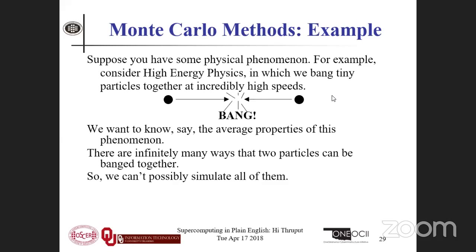So what they do is they generate a zillion randomly generated realizations of banging tiny particles together, and they look at the statistical properties of those, and they compare those statistical properties to what they find in the data. I've massively oversimplified this, and also I don't know what I'm talking about. So between those two things, you've gotten a very simplified version of the reality, but that should roughly capture what's going on.